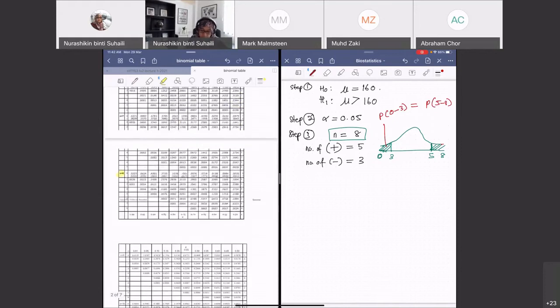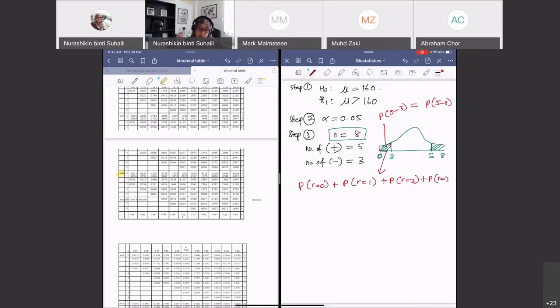So the probability that we have to look for is the area of the tail, which means P(R=0) plus P(R=1) plus P(R=2) plus P(R=3), which is this area from 0 to 3.